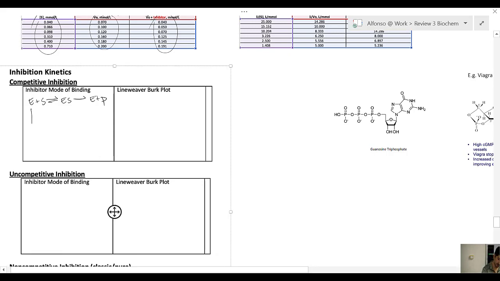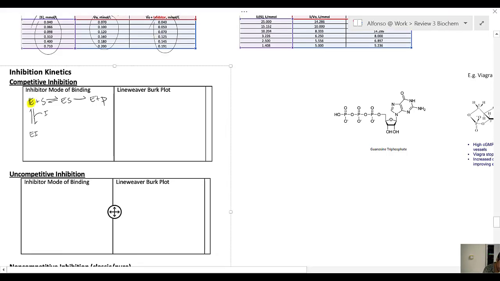The competitive inhibitor competes for the same active site as the substrate, and as a result, the competitive inhibitor binds at the free enzyme. So this is your competitive inhibitor, and it binds with the free enzyme, forming the enzyme inhibitor complex.